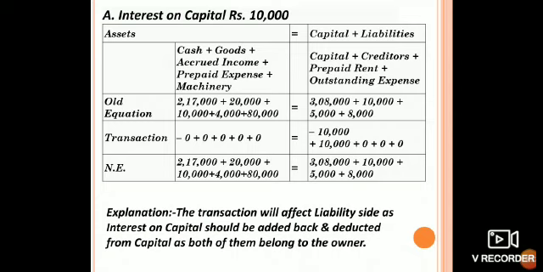There is no change in the asset side, and in the liability side also there is no change, because we are adding and reducing the same 10,000 rupees. 3,08,000 plus 10,000 plus 5,000 plus 8,000. The transaction will affect liability side, as interest on capital should be added back and deducted from capital, as both of them belong to the owner.